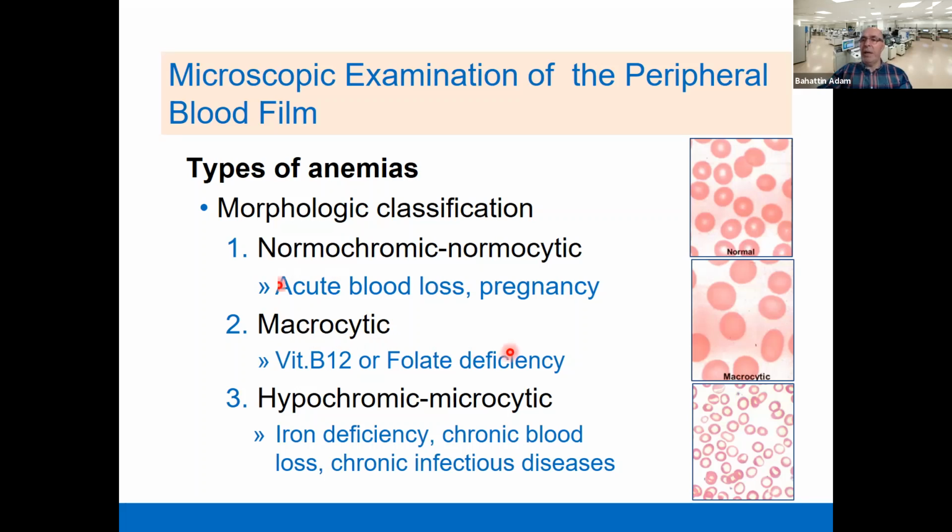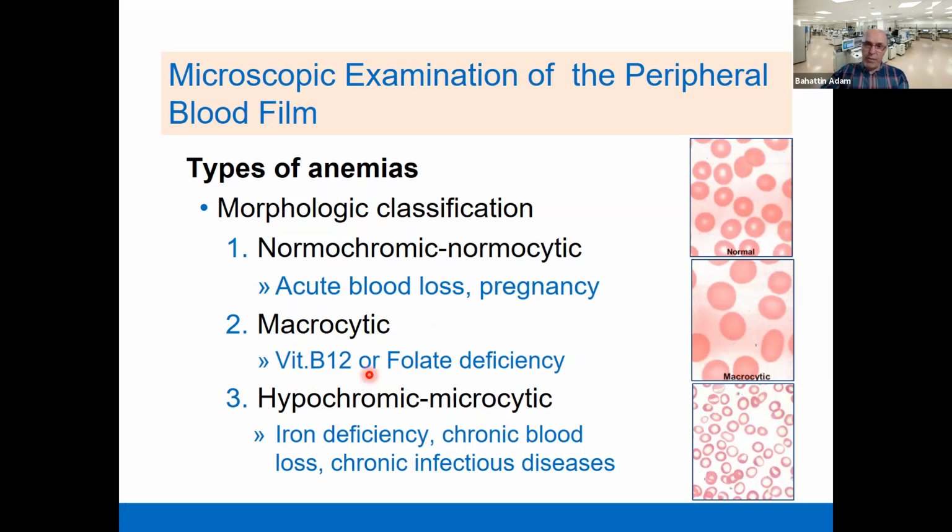If your erythrocytes are bigger than normal, we call it macrocytic anemia. The cause of this anemia most probably will be deficiency of vitamin B12 or folate.